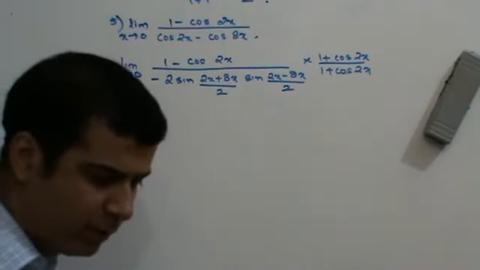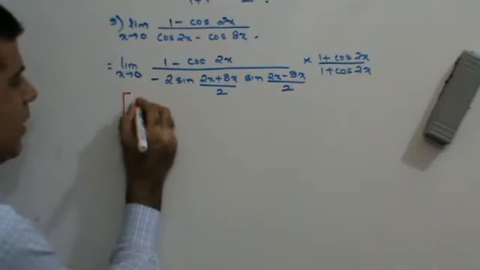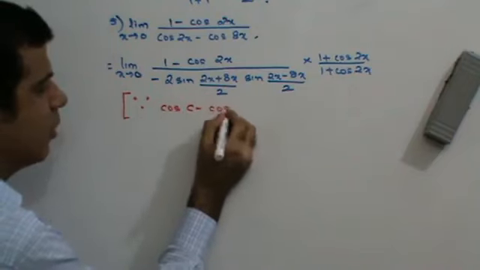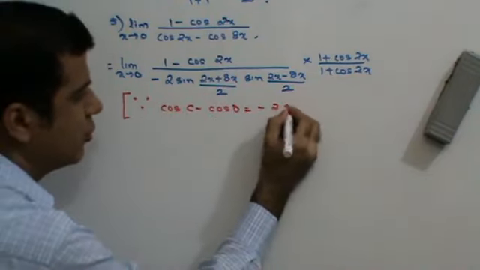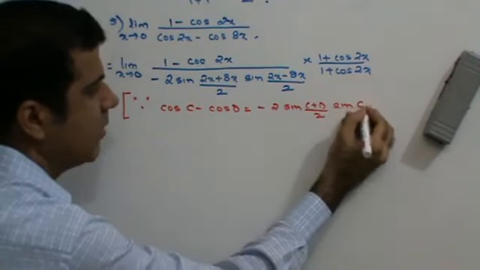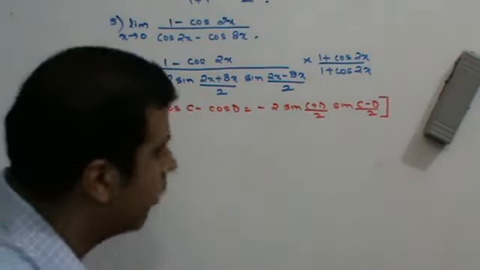Those of you who are not very familiar with the factorization formula, I will write the formula here. I am using the formula cos c minus cos d is minus 2 sin (c plus d) by 2, sin (c minus d) by 2. This is the formula that I use, the factorization formula.